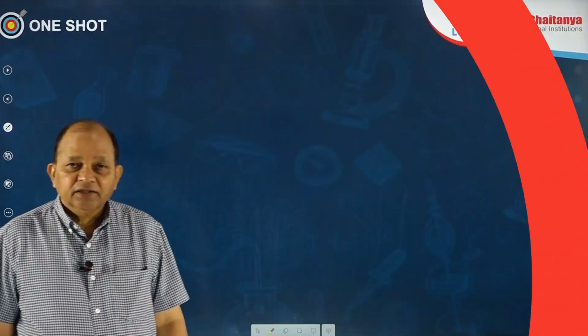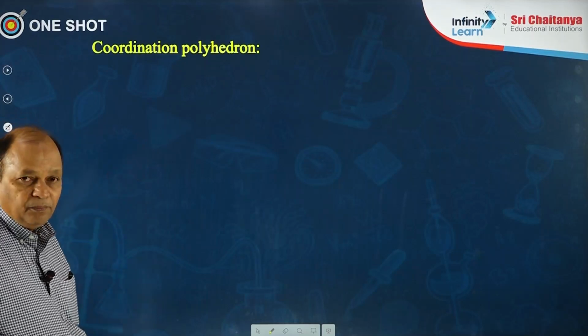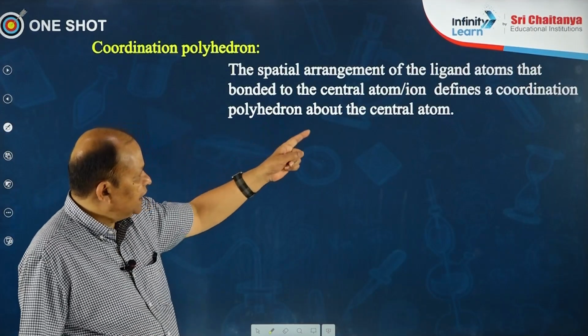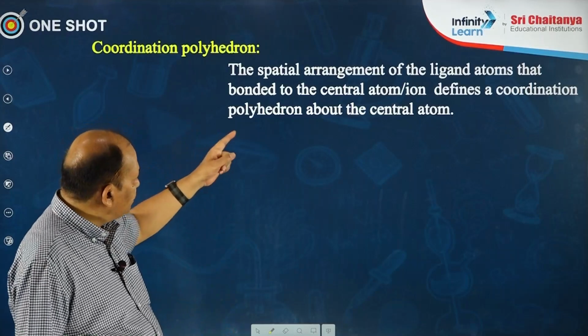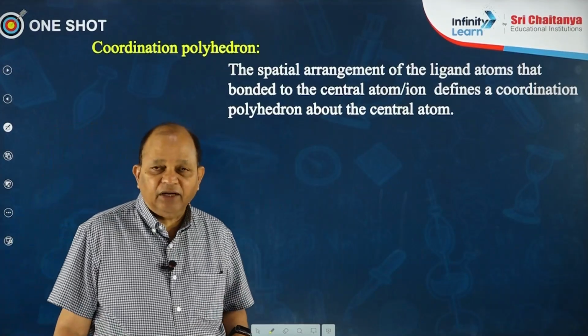The next important term is coordination polyhedron. What is it? The spatial arrangement of the ligand atoms that are bonded to the central atom or ion defines the coordination polyhedron.